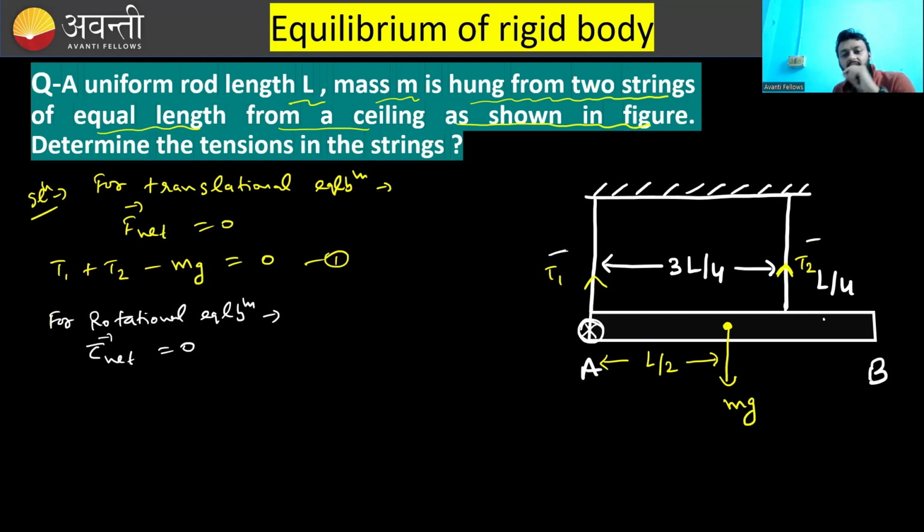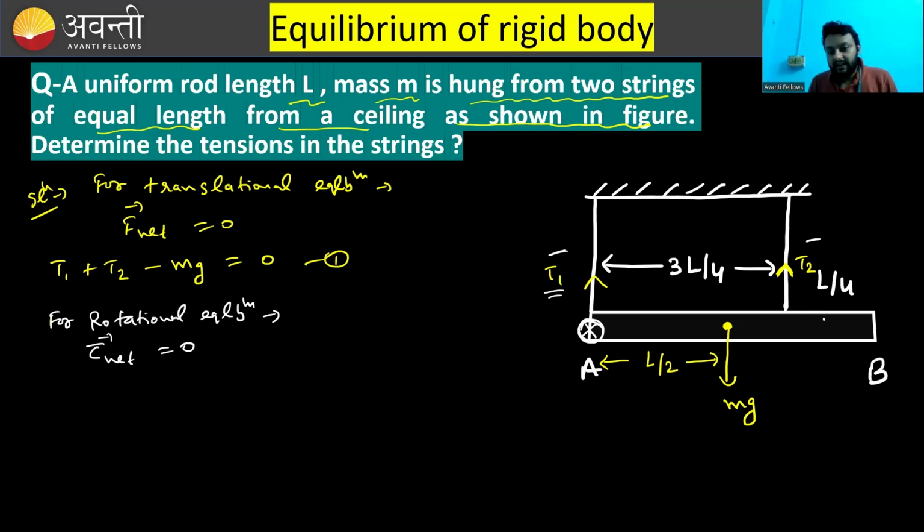In that situation, the torque of T1 will be zero because T1 is acting on the axis, or you can say T1 is intersecting the axis. Remember those three punchlines that we discussed at the start of the session.